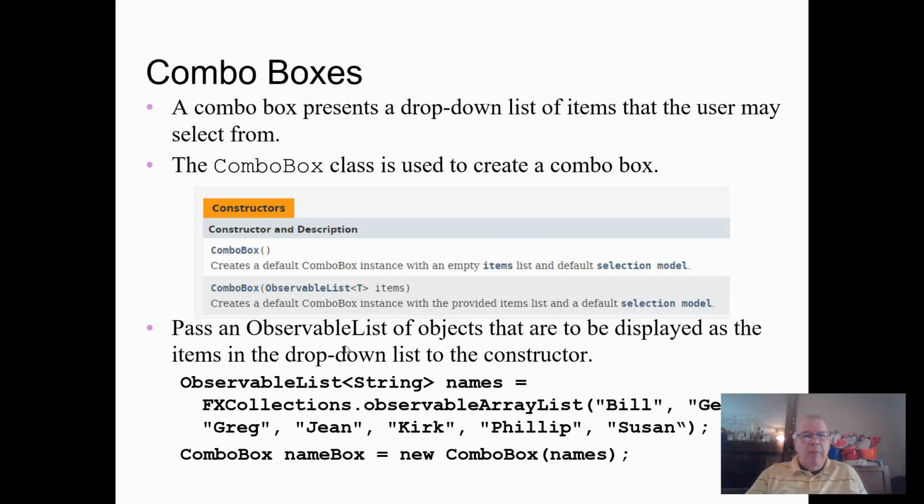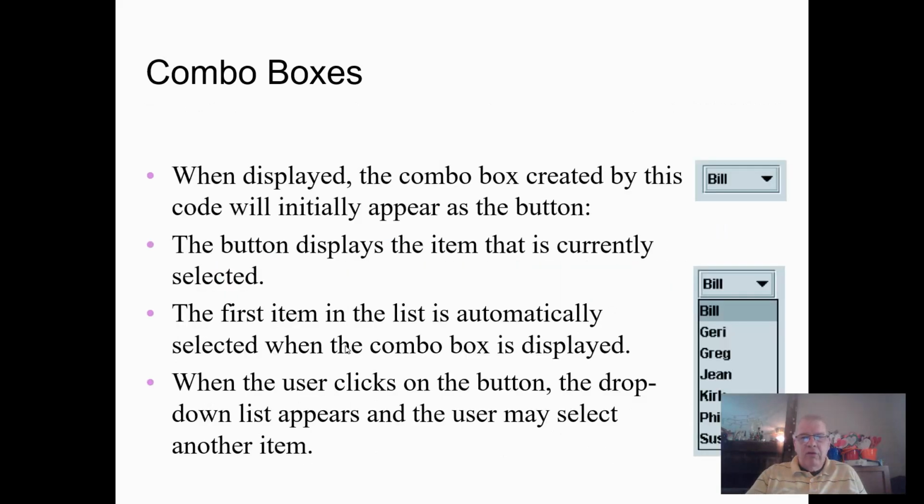So a combo box, you're very familiar with a combo box, but may not be familiar with how to create one in Java. So here's the idea of a combo box. The combo box starts out as just a button, or obviously a button with a down arrow.